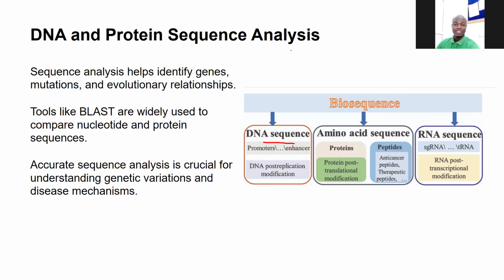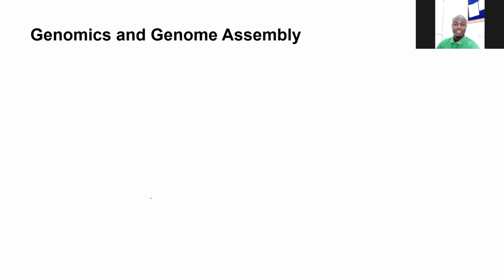Accurate sequence analysis is crucial for understanding genetic variations and disease mechanisms. If we can accurately do a sequence analysis, it can help you to understand the genetic variations and also disease mechanisms.